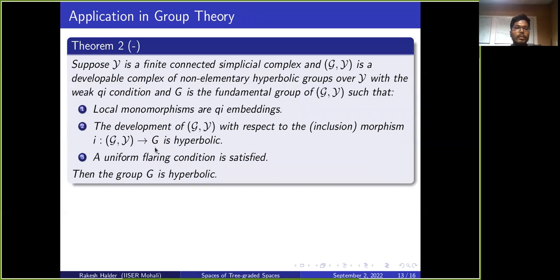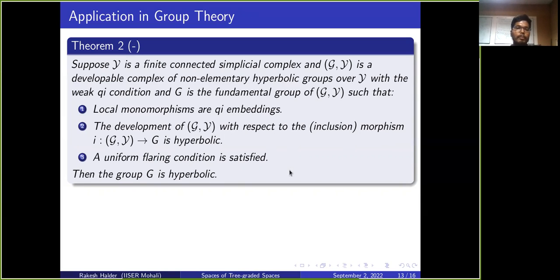So now this is an application in groups. Let (G, Y) be a developable complex of non-elementary hyperbolic groups over a finite connected simplicial complex Y, satisfying a weak QI condition, and let G be the fundamental group of this complex of groups, such that the local monomorphisms are QI embeddings, and the development corresponding to the inclusion morphisms is hyperbolic, and it satisfies a uniform flaring.